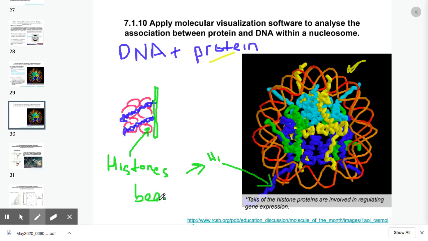So those are our 2 types of proteins that make up this nucleosome. And the last part is the DNA. So we also have our molecule of DNA. And together, they make a nucleosome.